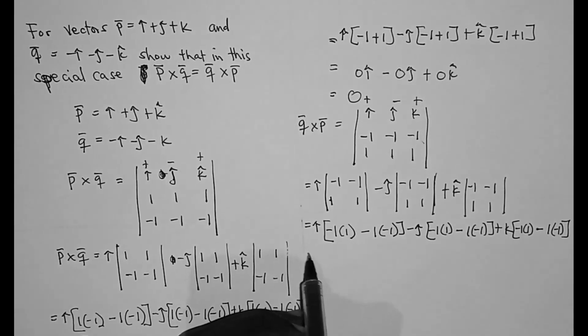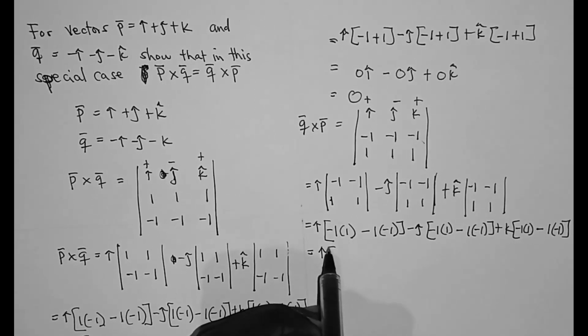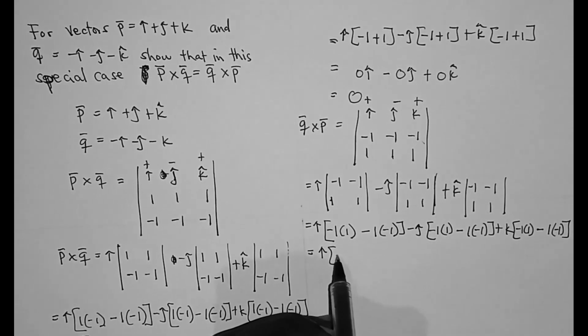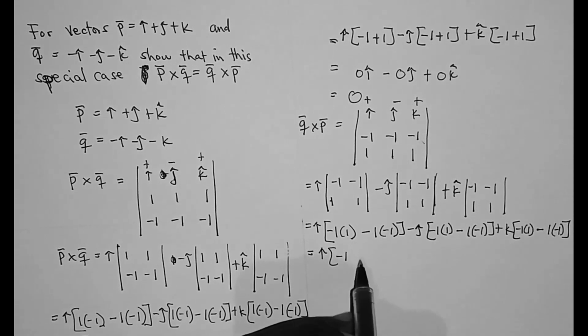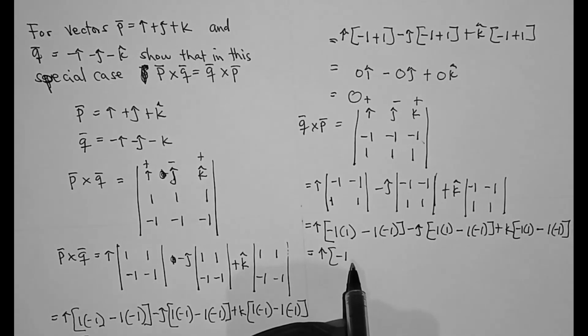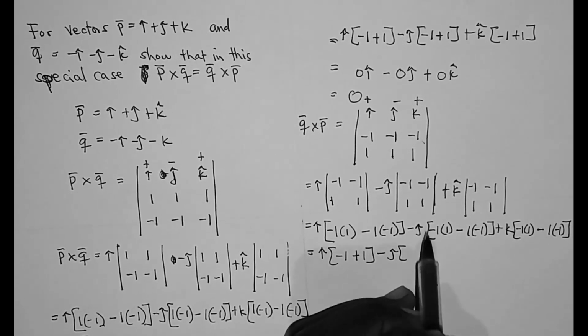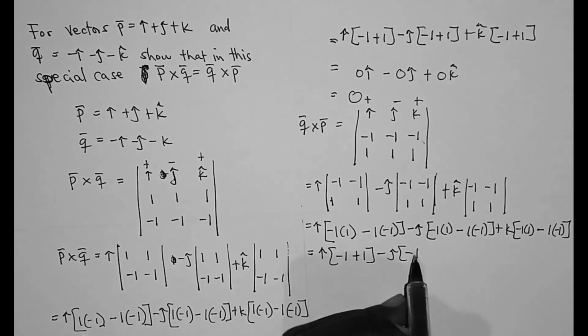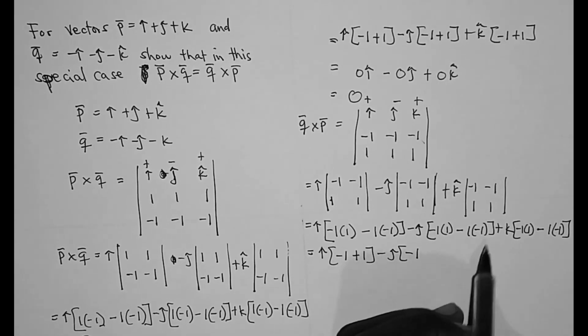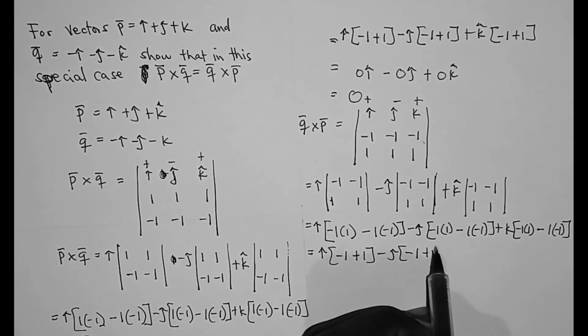So this is equal to i. Minus 1 times 1 is minus 1. Minus 1 times minus 1 is plus 1. Then minus j. Minus 1 times 1 is minus 1. Minus 1 times minus 1 is plus 1. Then plus k.